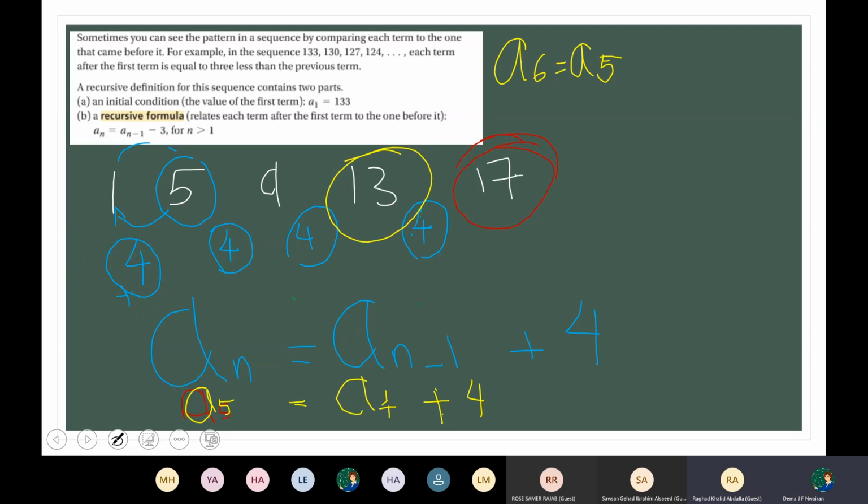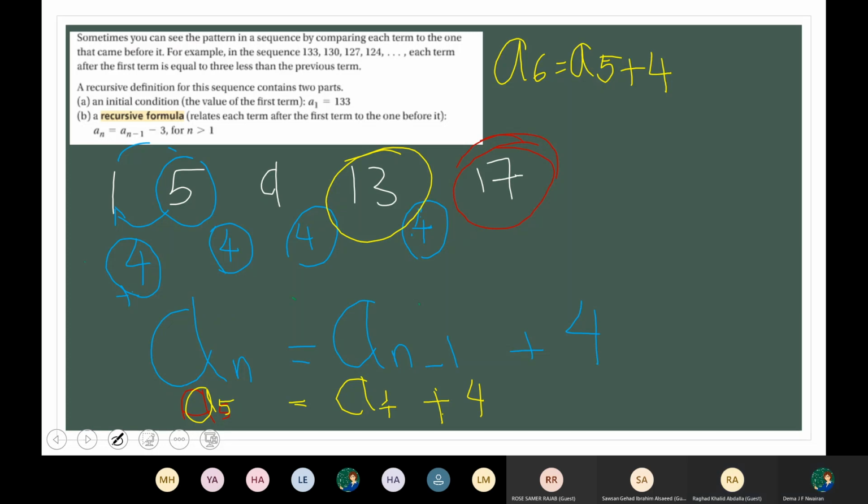Let's do it with myself. A5, A sub 5. Yes, Raghat. A6 equals A6 minus 1, which is A sub 5, plus 4.